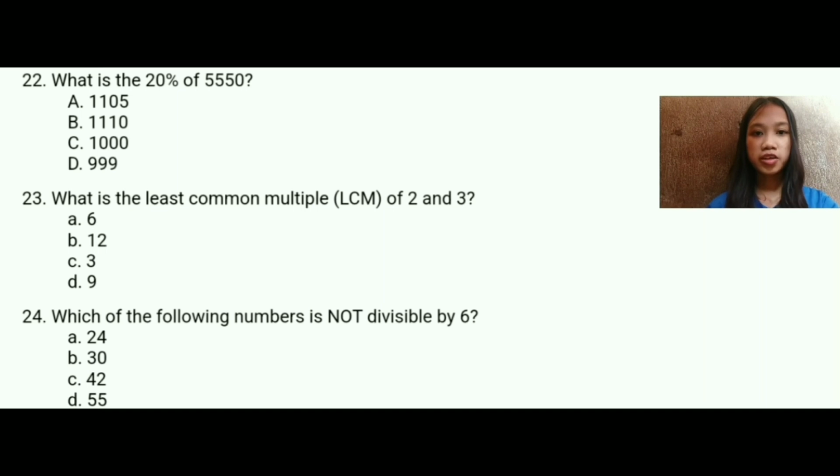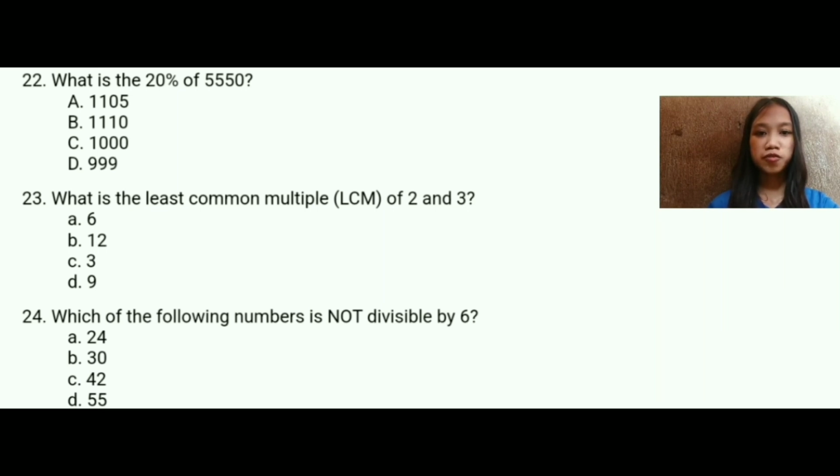So to calculate 20% of 5,550, we are going to take 5,550 multiplied by 20%. Or if we convert it, kay mahimo siyang 0.20. So 5,550 times 0.20 and the result will be 1,110.